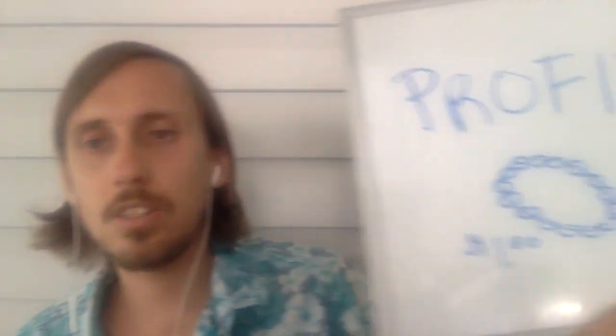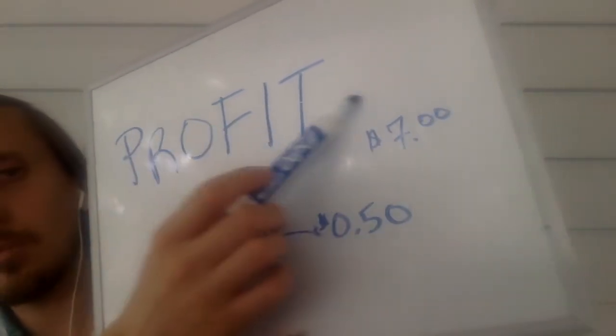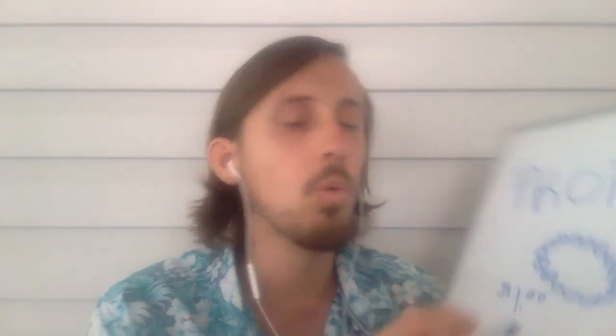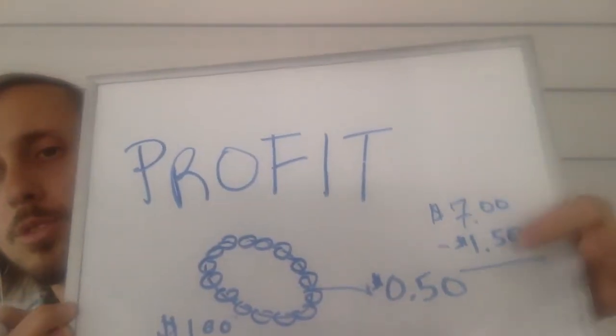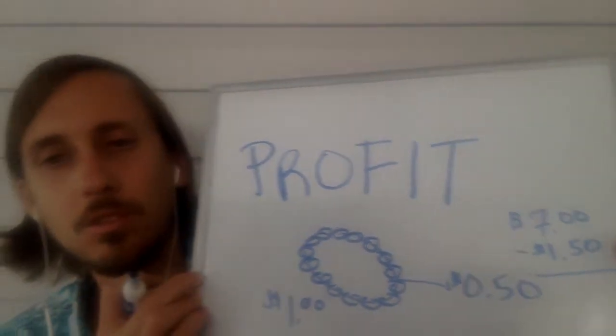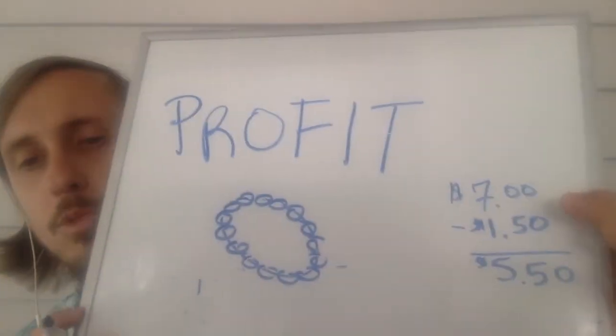So now you're going to sell the bracelet, let's say for $7. The $7 is going to be your sales price. So we're going to subtract $1.50 because that's what you used for your materials. And now you're going to have $5.50. So at the end, $5.50 would be your profit.